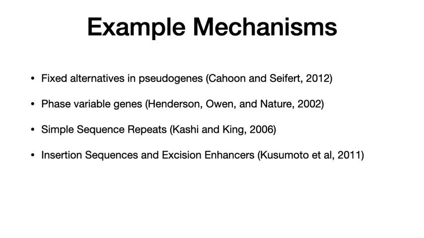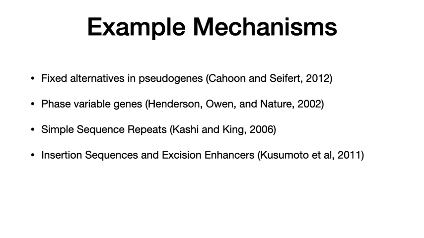Then you also have insertion sequences and excision enhancers. So a lot of organisms have these insertion sequences that are actually sequences that are coded for by the genome that insert themselves in other locations. And then they have excision sequences, which basically look for the markers at the end of these and pull them out. So you have a cycle of insertion and removal, and insertion and removal.